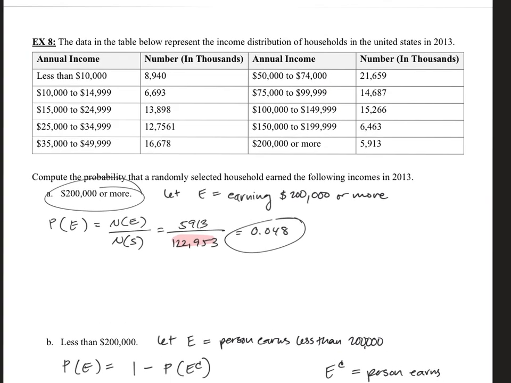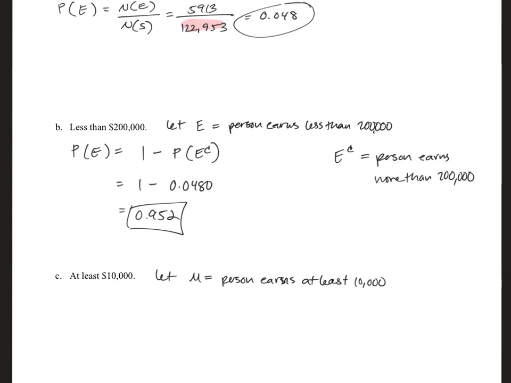Because I want to find out the people who earn at least $10,000, that would be computing the probabilities for all of these categories. So once again, I would have to take this number, divide it by our total, add that to the next number divided by our total to find the probabilities for each of the categories. That is a ton of work. Is there another way I could do it? And the answer is yes, I could use the complement.